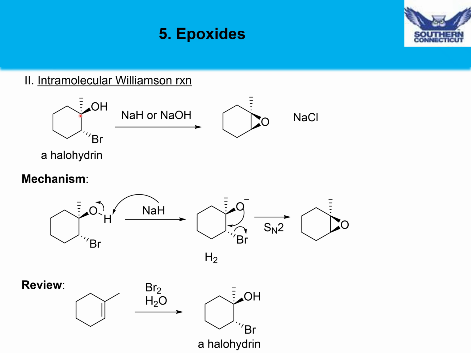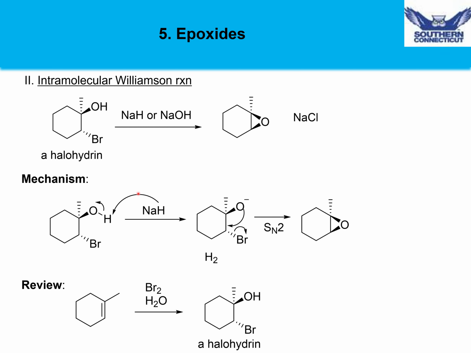If we add a base, such as sodium hydride or sodium hydroxide, we can remove the proton, which would make it into a better nucleophile and allow attack on the carbon with the leaving group. That produces the epoxide. Here's a look at the mechanism.